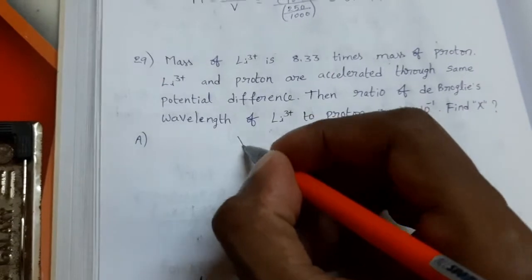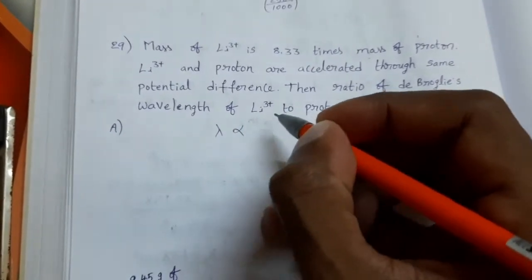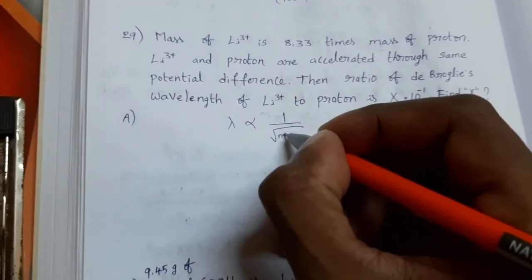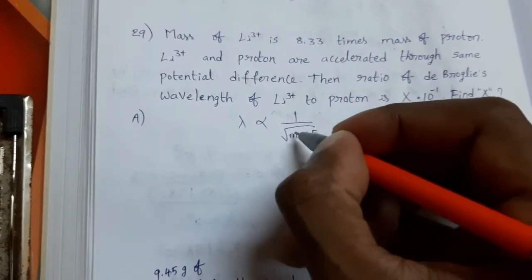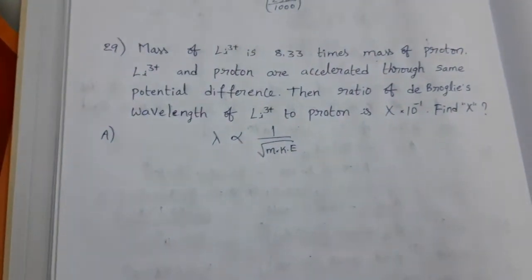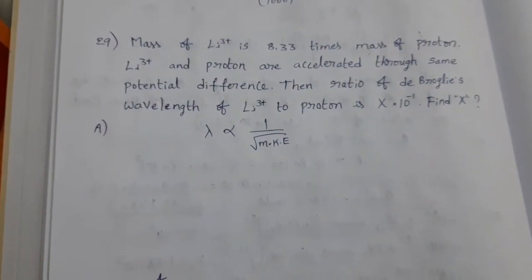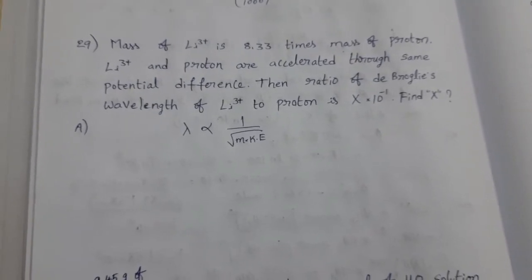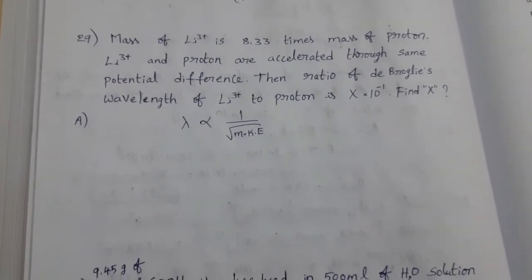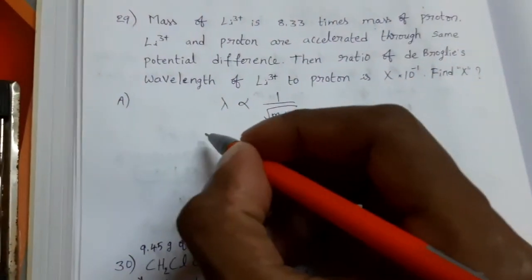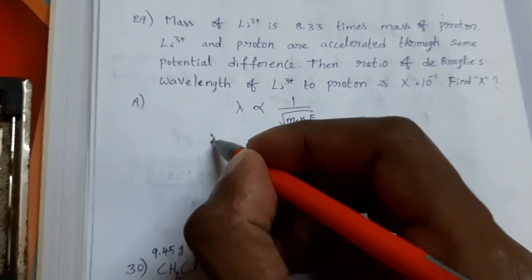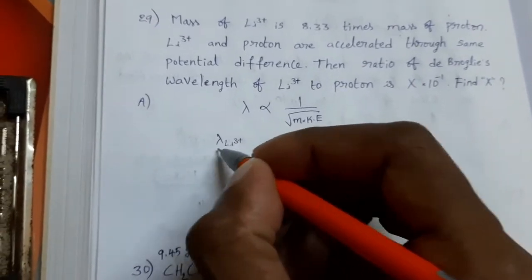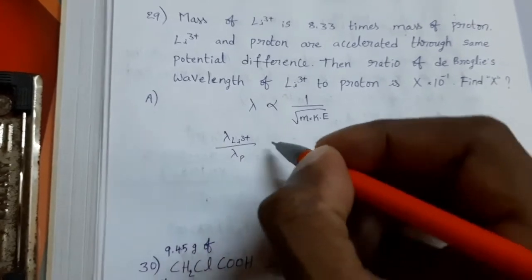Wavelength lambda is directly proportional to 1 by square root of m into kinetic energy. Here m is mass of the particle, KE means kinetic energy of the particle, wavelength means de Broglie's wavelength of concerned particle. Now from this we can write de Broglie's wavelength of Li3+ ion divided by de Broglie's wavelength of proton.